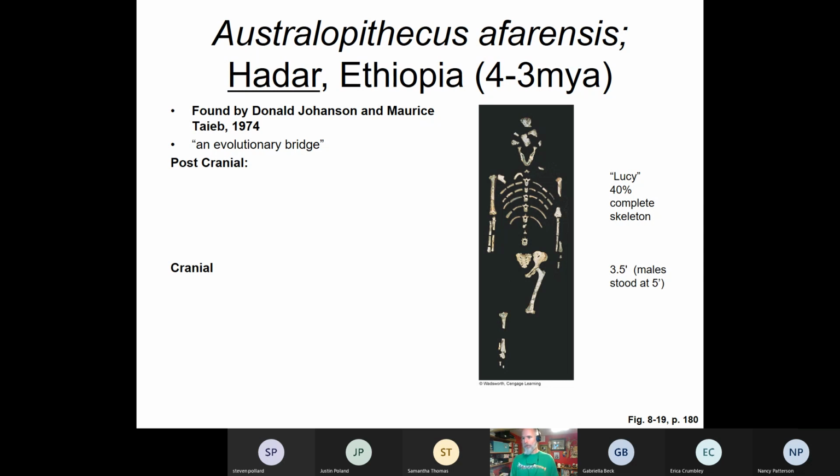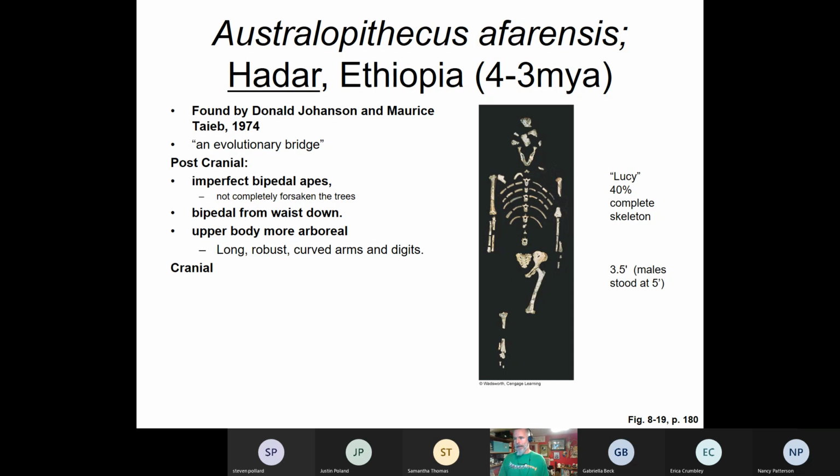On the postcranial side of things, that being everything below the cranial, it definitely indicates bipedalism, but also some traits that indicate living in the trees.